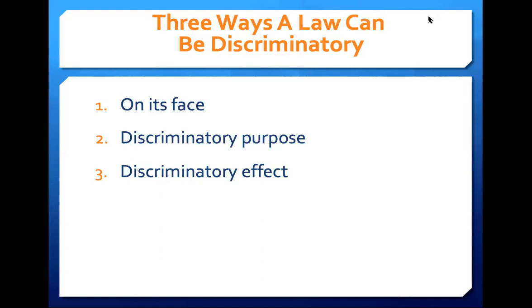Either discriminatory purpose or discriminatory effect will mean the law is discriminatory. This is different from other areas of law, most notably under the Equal Protection Clause, which is something we talk about in Conlaw 2. You have to show both a discriminatory purpose and a discriminatory effect, but in Dormant Commerce Clause cases, you can show one or the other.